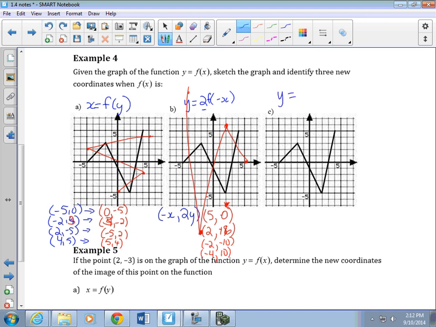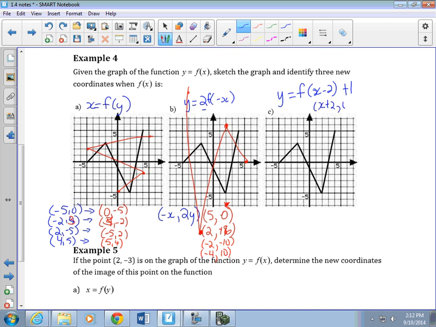Okay. And then the last one is y is equal to the function of x plus 2 minus 1. So what this means is, the way it's affecting this is to my x coordinate, sorry, that should be a minus 2. To my x-coordinate, I'm going to be adding 2 because I do the opposite.